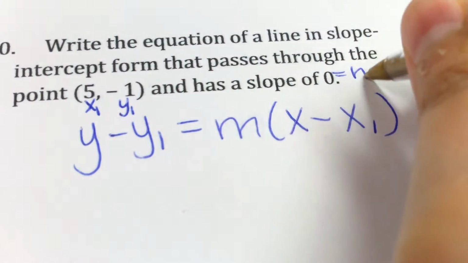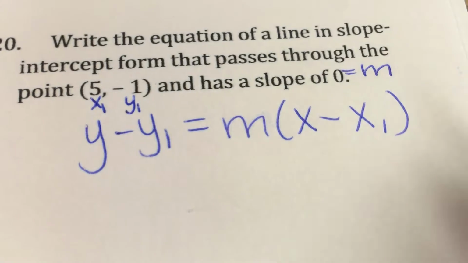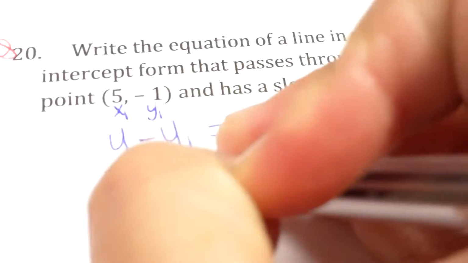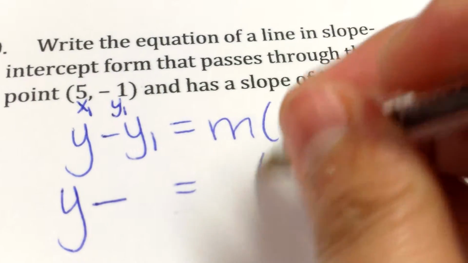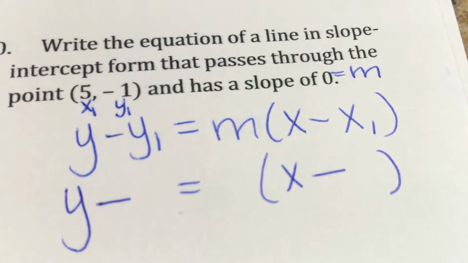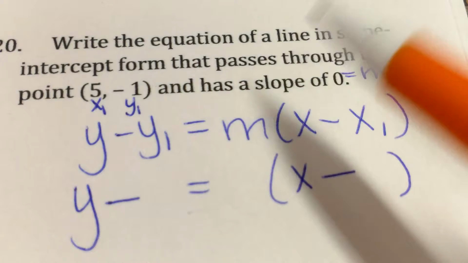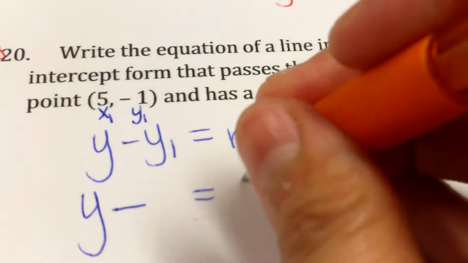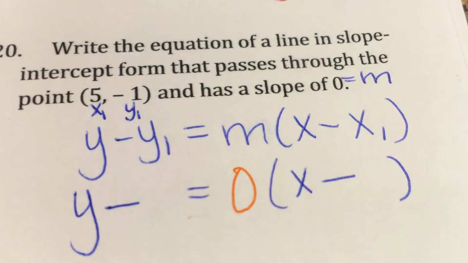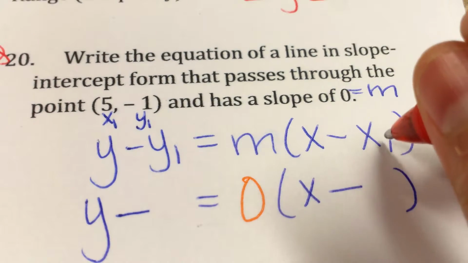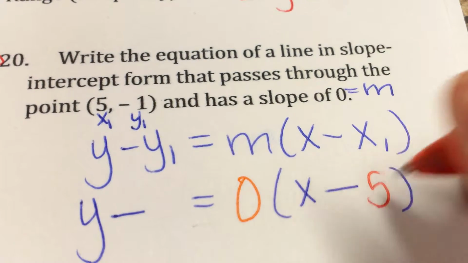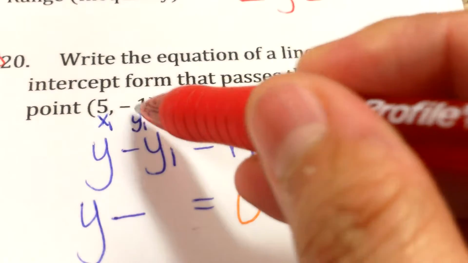This is my x1, y1, and this is my m, my slope. So I'm going to do y minus, we're going to substitute that in a little bit, m in a little bit, x minus. Okay, your m is 0. My x1 is 5. And my y1 is -1, so I need to put that -1.